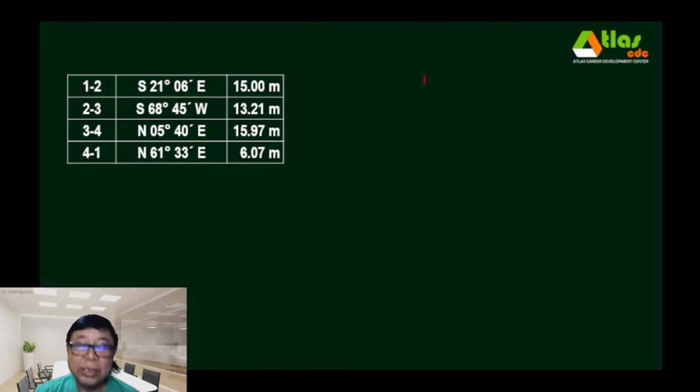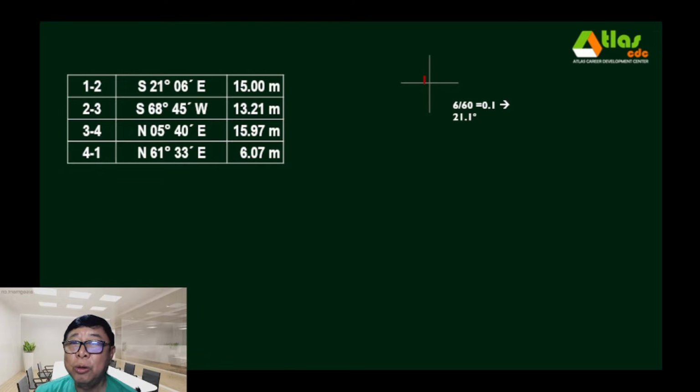First is we locate point 1 and provide the axis at east, west, north, south, and then determine the angle. Our angle is 21 degrees 6 minutes, but we are going to convert the 6 minutes into degrees. So just divide the 6 minutes by 60 to get its equivalent degrees, 0.1.